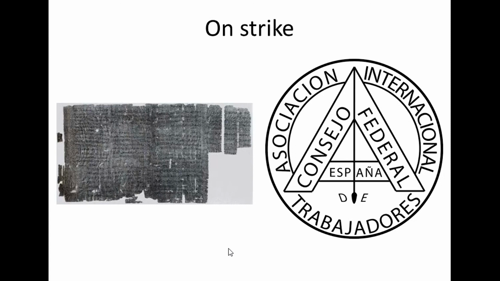Which remember is a foodstuff. Beer is consumed for its calorific value. It's consumed as food. And the tomb workers, the builders, the skilled craftspeople building tombs, hadn't received their wage.